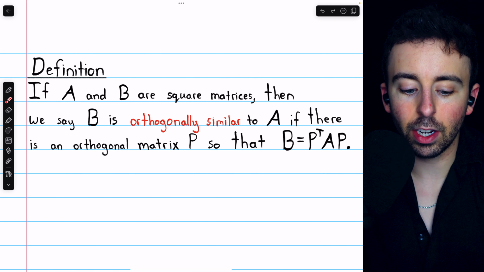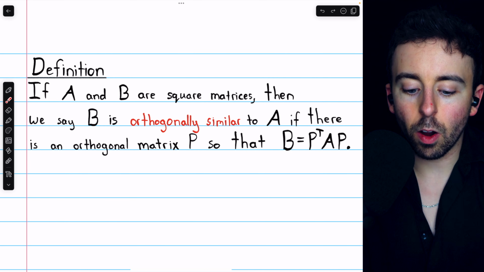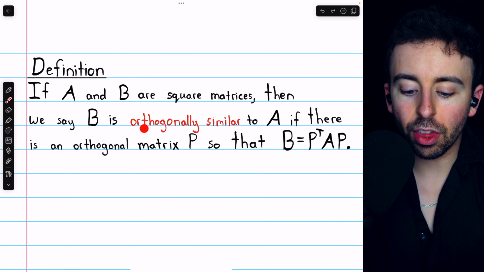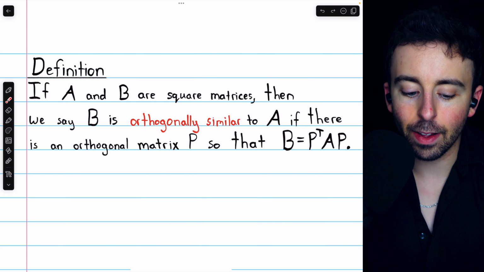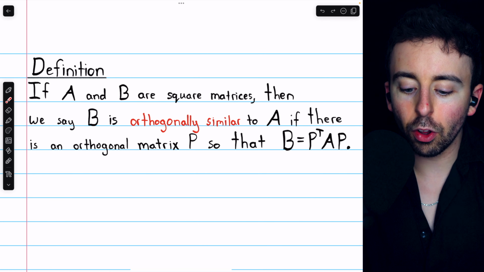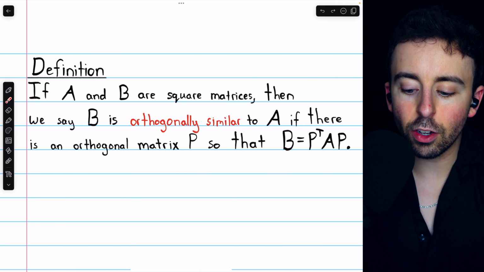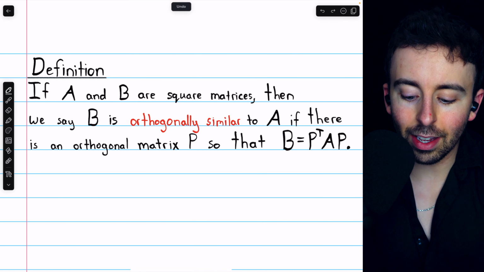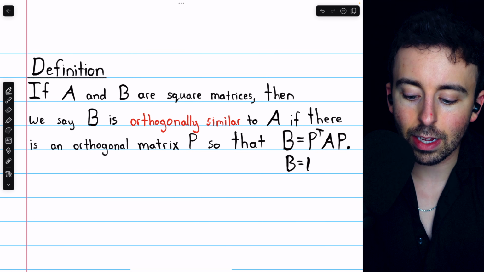Here's our main definition. If A and B are square matrices, then we say B is orthogonally similar to A if there is an orthogonal matrix P so that B equals P transpose AP. And recall, since P is orthogonal, this is the same as saying B equals P inverse AP.